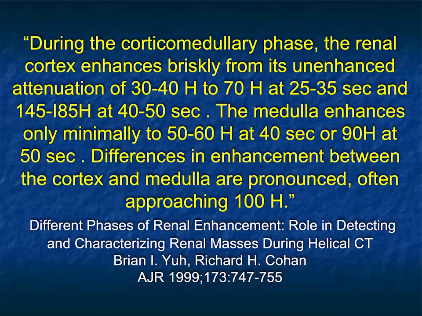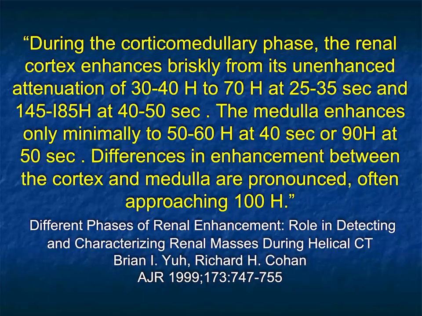This article by Yuh way back when said the renal cortex enhances briskly from its non-contrast appearance of about 30 to 40 Hounsfield units to 70 at 25 to 35 seconds to 145 at about 50 seconds. The medulla enhances only minimally to 50 at 40 seconds and 90 at 50 seconds.